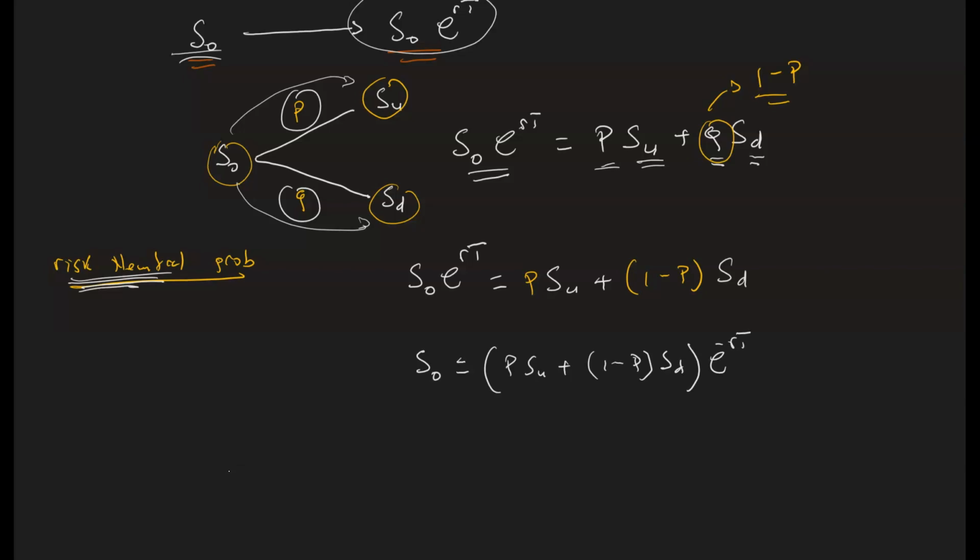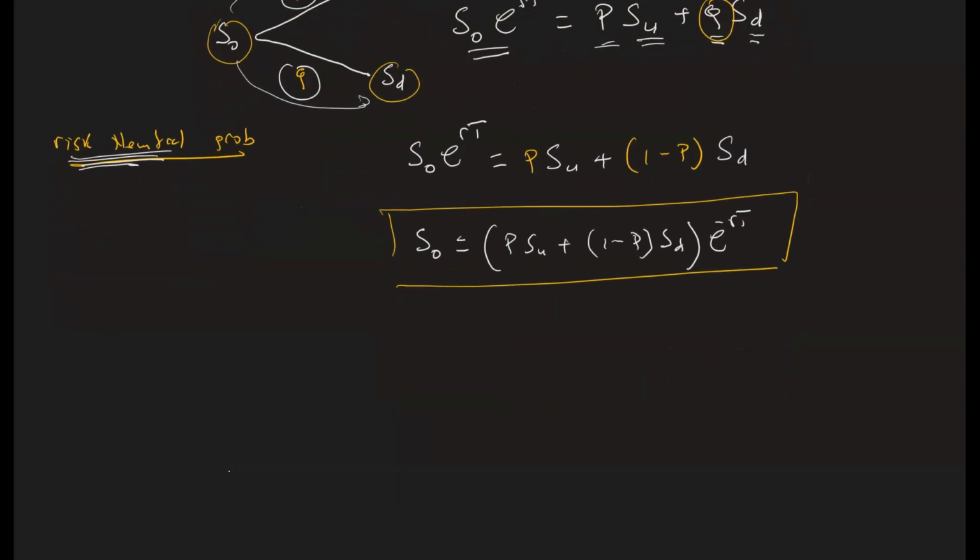Now, if this works for a stock, it should work for a call. So in the risk neutral world, we're going to have a call option that can either have a positive outcome or an outcome that's lower. So we can have call up or call down.